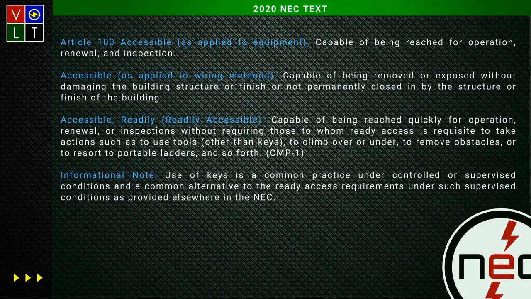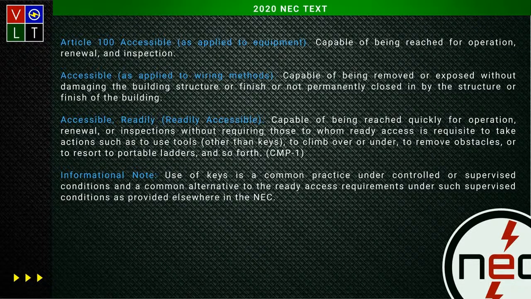And when you look at the definition, it specifically says capable of being reached quickly for operation, renewal, or inspections without requiring those to whom ready access is requisite to take actions. Okay, now these actions could be using tools other than keys, to climb over or under, or to remove obstacles.